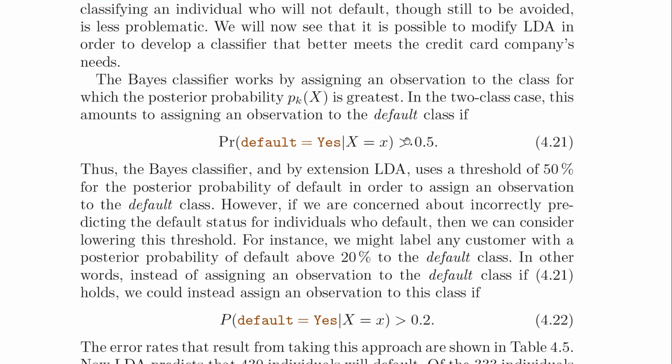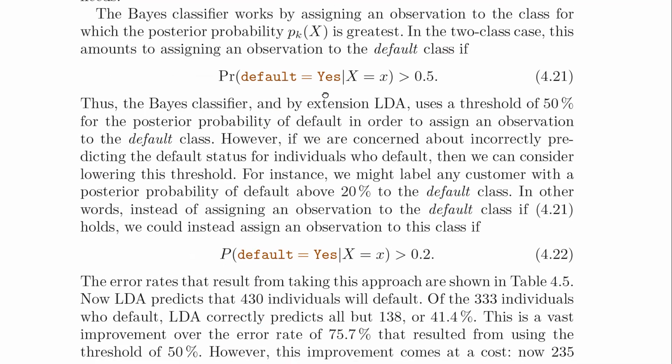Okay, I think this is where we're going to use a threshold. So the Bayes classifier works by assigning an observation to the class for which the posterior probability pk of x is greatest.